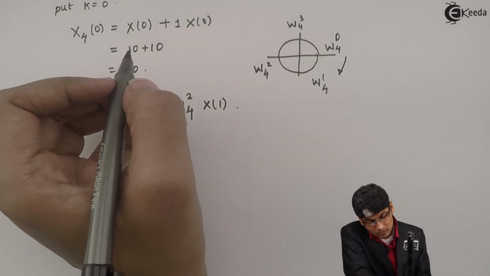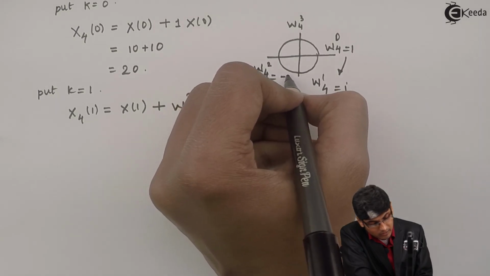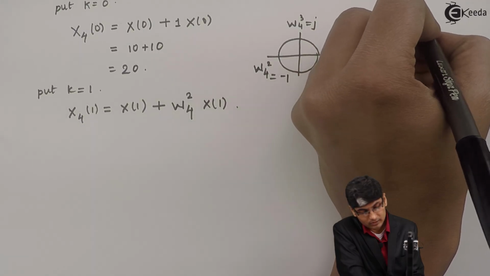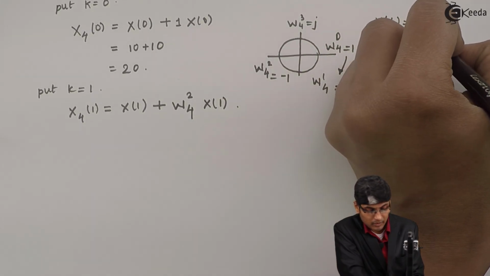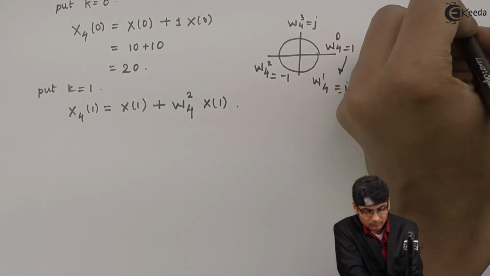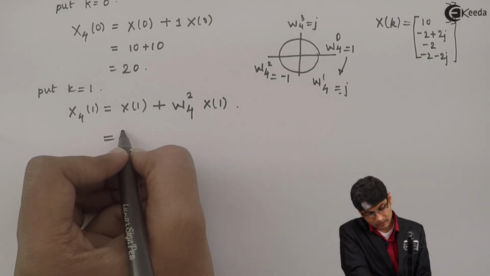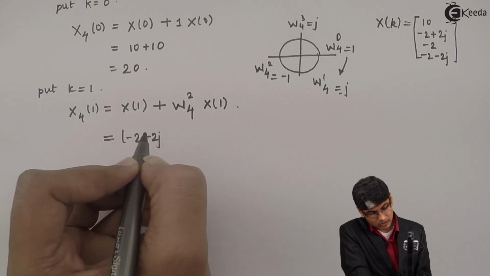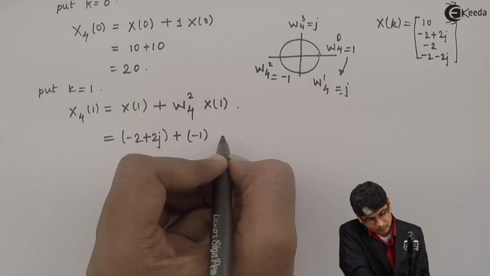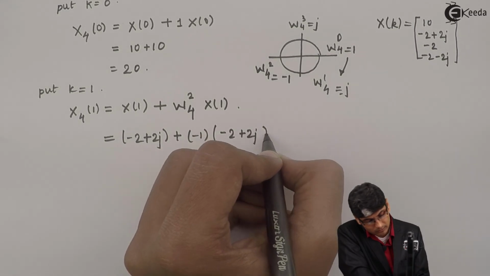Now, this is 1, this is minus j, this is minus 1, this is j, and x of k for us is 10, minus 2 plus 2j, minus 2, minus 2 minus 2j. Now, I will use x1, which is minus 2 plus 2j, plus w 4 raised to 2, which is minus 1, correct, and x1 is minus 2 plus 2j.